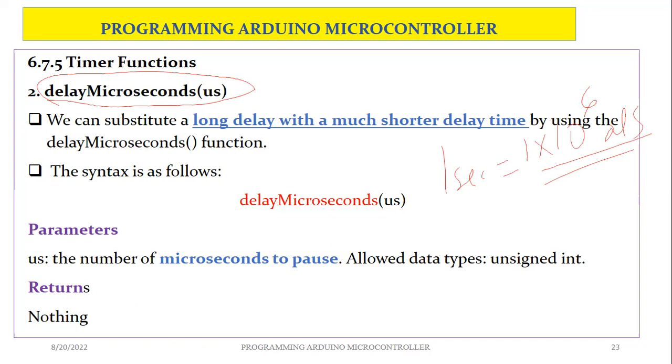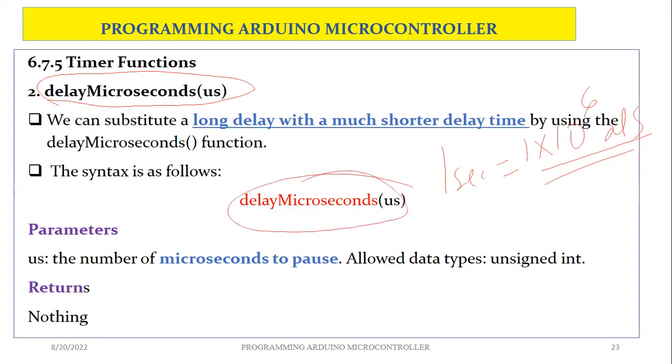So instead of us using the long delay time in terms of the millis function, we can deploy the delay microseconds function to help us or enable us realize a much shorter delay time.